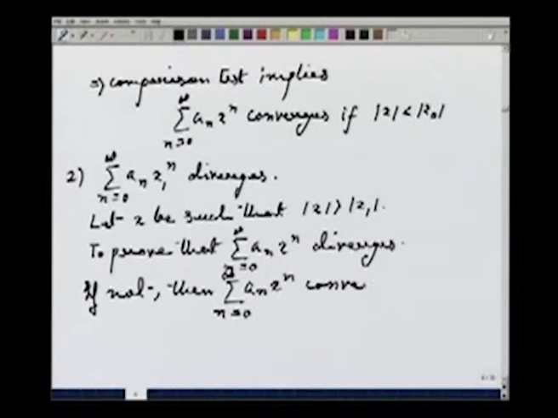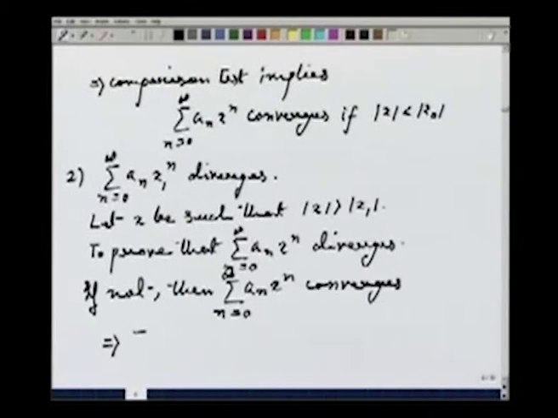Okay. But notice that modulus of x1 is less than modulus of x, and I know that summation n from 0 to infinity a n x to the power n converges. Then I apply the first part of the result. Since modulus of x1 is less than modulus of x, and summation a n x to the power n converges, by the first part, this implies that summation n from 0 to infinity a n x1 to the power n converges absolutely.